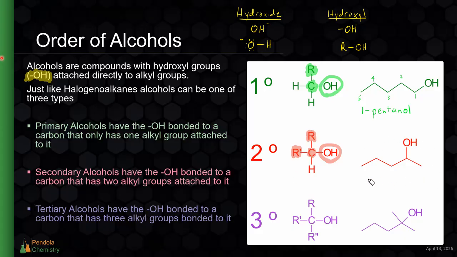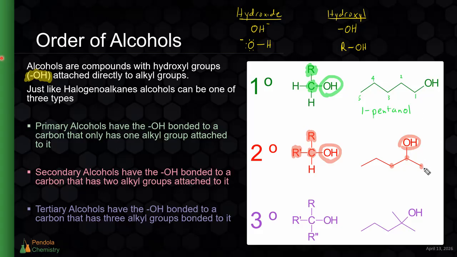And we can see that in this alcohol right here, where the OH is bonded to a carbon that has two other carbons bonded to it, making this secondary. And again, if we name this just for practice, this hydroxyl group, the OH group, is now in carbon 2 instead of carbon 1.